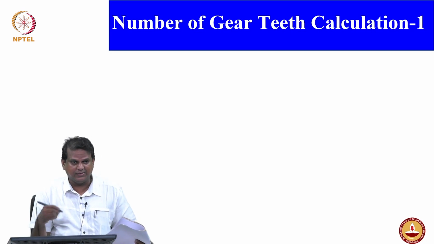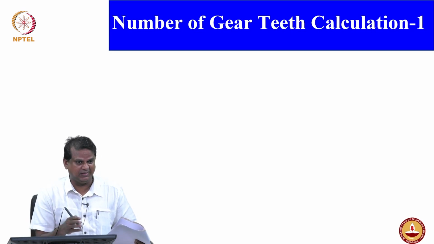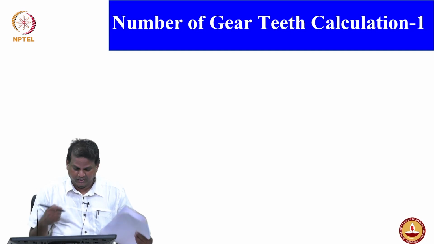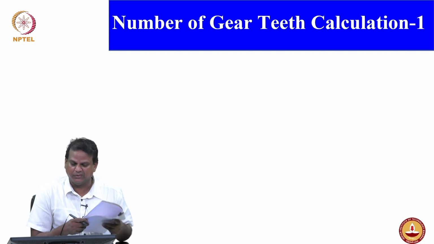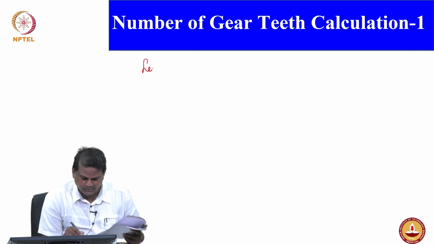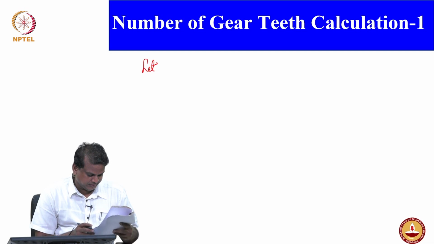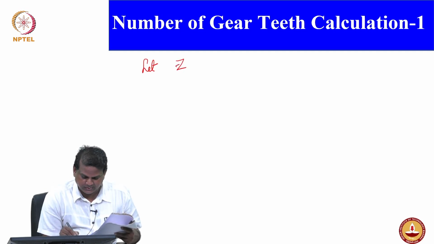I have done the trial and error method. You can start with a minimum of 17, 18, 19. Since I have done that, I will straight away start with gear number 20. I am talking about gear 13. Z13 should be 20.